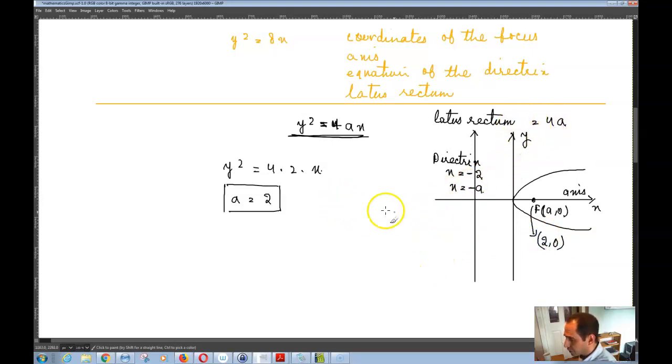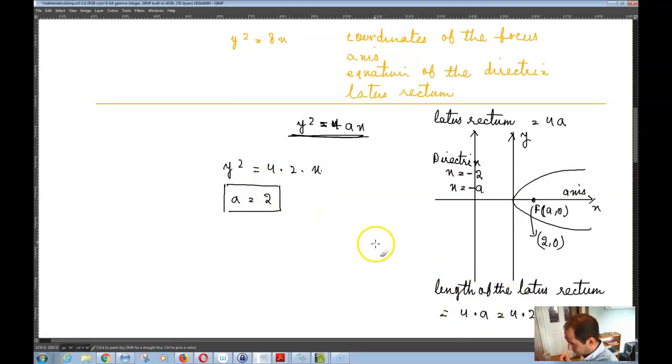And the length of the latus rectum is equal to 4 times a, which is 4 times 2, equal to 8 units.